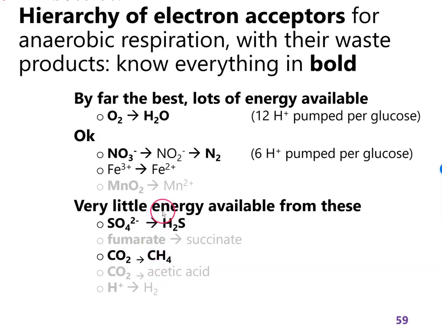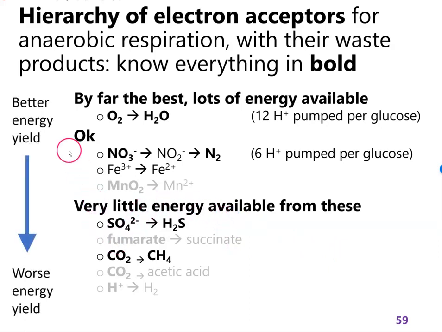Both of those come out of a human gut. Both of those come out of lake sediments. Any oxygen-free environment ultimately will start generating these gases as bacteria use these molecules as their terminal electron acceptors in respiration.